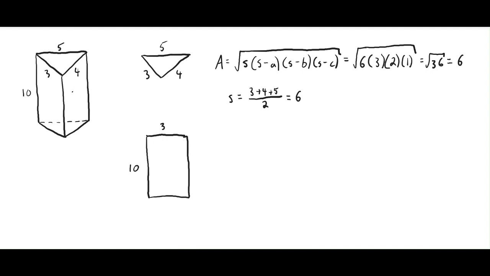This rectangle also has a height of 10. All these lines are the same height, but this time the side length is 4. I'm going to put it right next to the other one. And finally, we've got one rectangle on the back. It has a length of 5, and that same height of 10 again.